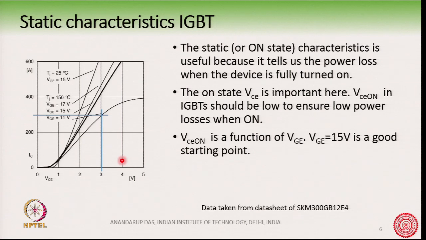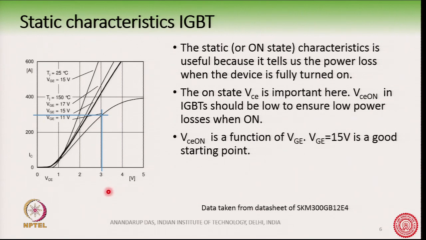Ideally, in an ideal device, this VCE should have been 0, but this being a non-ideal device, there is a finite value of VCE, and this VCE times IC is the power loss in the device when it is fully turned on, that is the conduction loss.